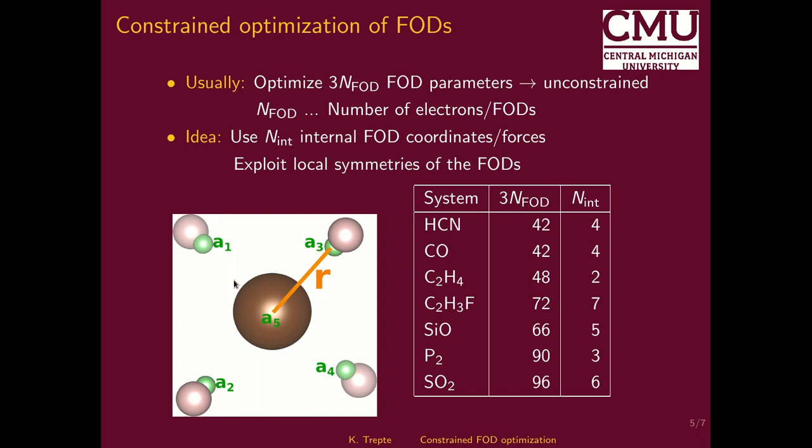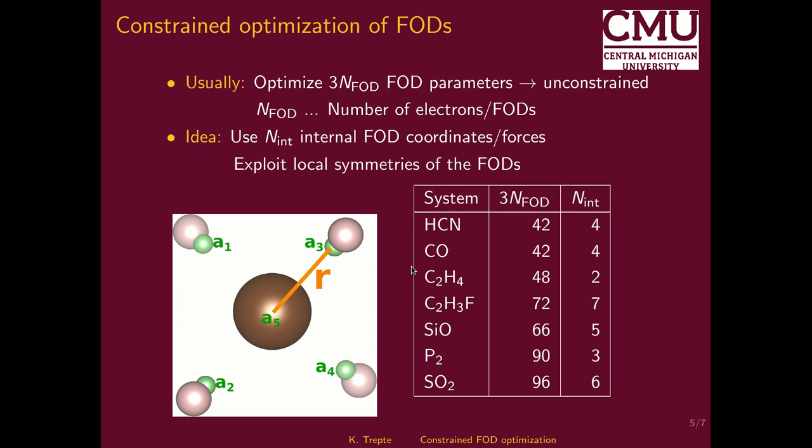So in total we have 30 degrees of freedom that we have to optimize. However, the only thing that we actually have to worry about is the distance between these bond FODs and the carbon atom. So this reduces to 1. That seems like a significant reduction and should simplify the optimization quite a bit.